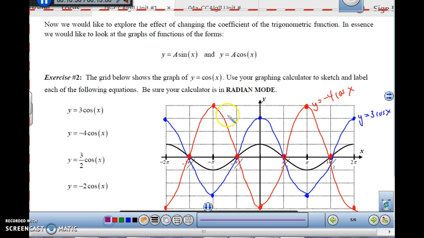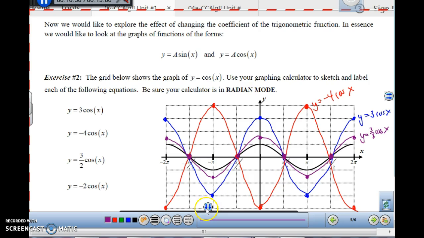Let me do this in purple so you can see it. 1.5 here, back to 0, -1.5, back to 0, and then back to 1.5, and reverse it. 0, -1.5, 0, and then back to 1.5. All right, so same graph, it's just going to change the amplitude a little bit. There's your curve. So this is y equals 3/2 cosine x.